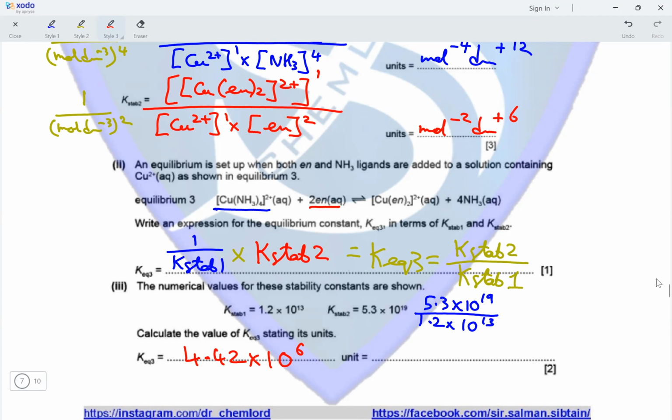And the units would be mol^-2 dm^6 divided by mol^-4 dm^12. So we end up with 1 upon mol^-2 dm^6, which when brought into the numerator side becomes mol^2 dm^-6.